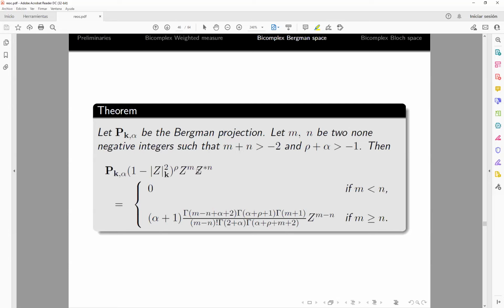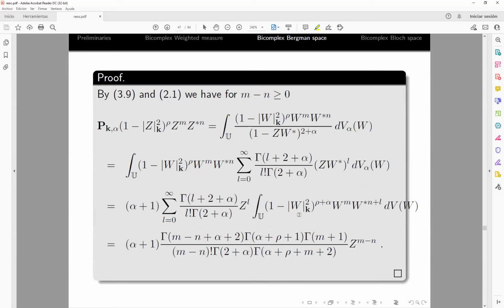But if we apply the Bergman projection, it should give us a bicomplex holomorphic function. And exactly it is 0 if m is greater than n. But if m is greater or equal than n, then it is this constant, a horrible constant here, times this monomial.